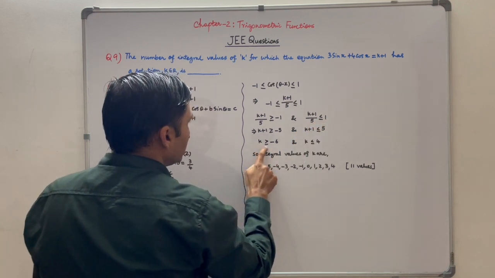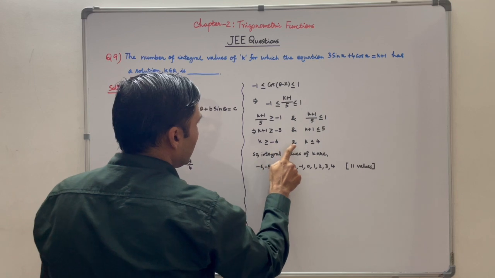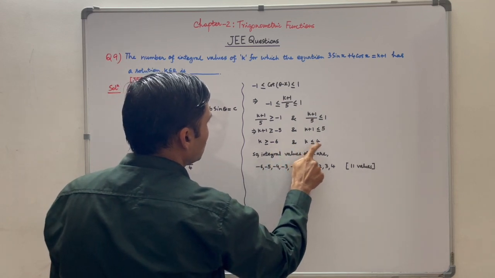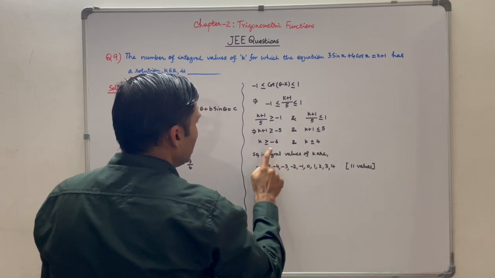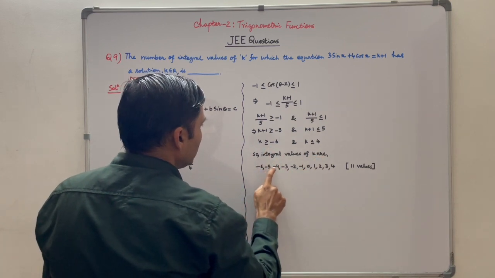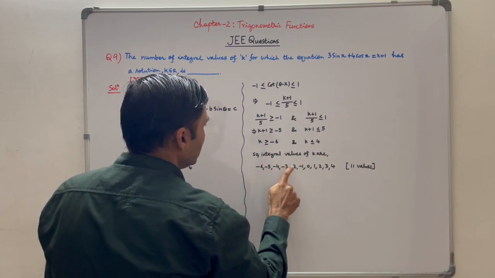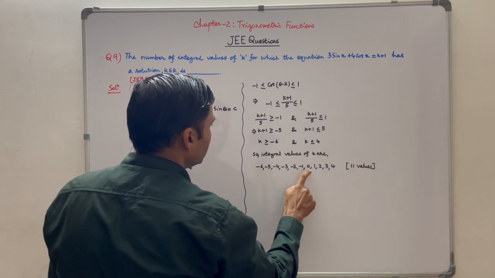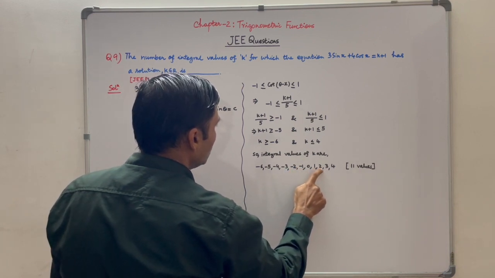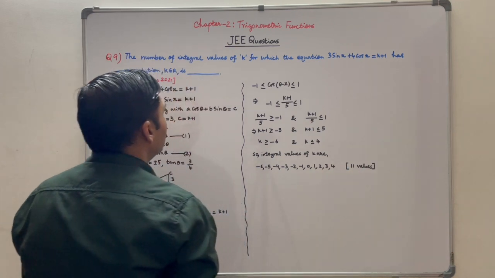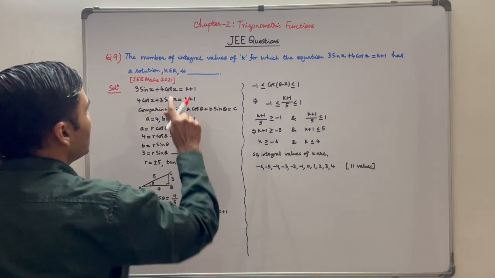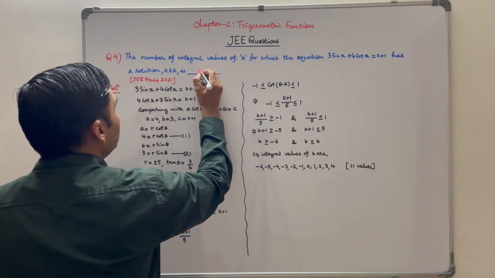So k is greater than or equal to -6 and k is less than or equal to +4. So integral values of k will be -6, -5, -4, -3, -2, -1, 0, 1, 2, 3 and 4. So total 11 values. So the answer is the number of integral values of k will be 11.